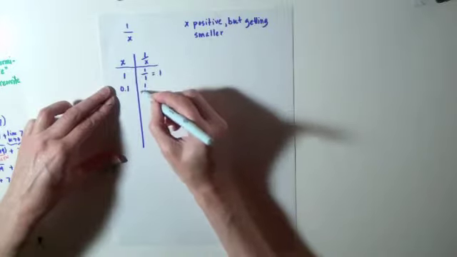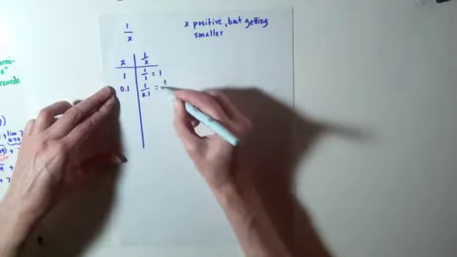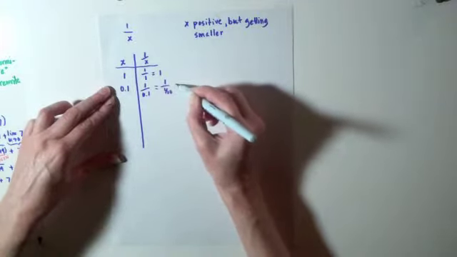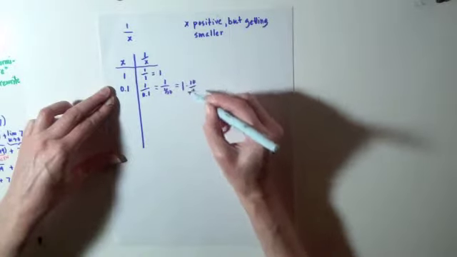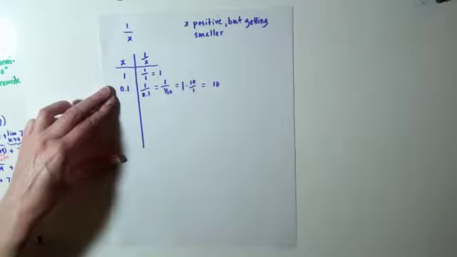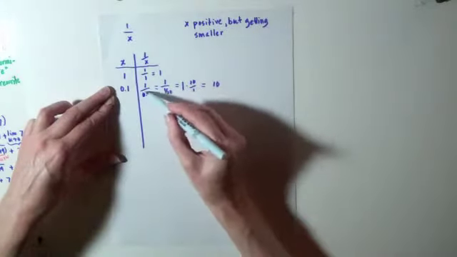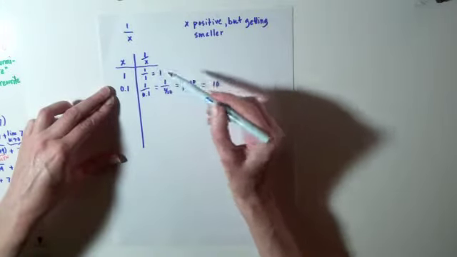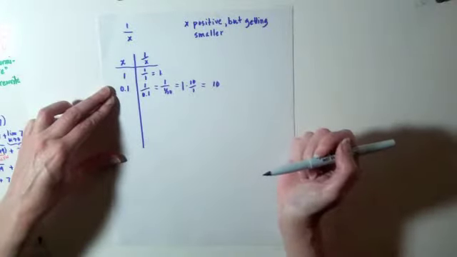Well, if I do 1 over 0.1, remember 0.1 is the same as the fraction 1/10. And if I invert and multiply, I end up getting 1 times 10 over 1, which would be equal to 10. So that's a fairly large number. So as this denominator got smaller, notice that the output of 1 over x gets larger. I go from an output of 1 to an output of 10.